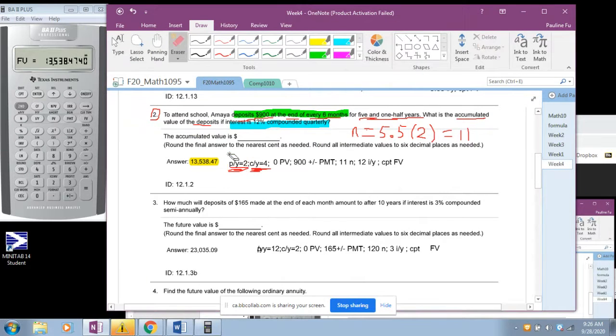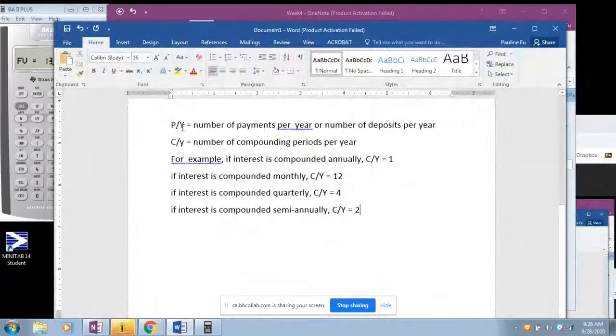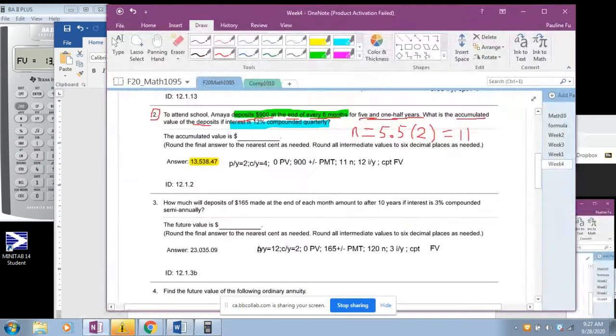So the question was, how do I get PY equal to 2, CY equal to 4? To get that, review the definition of PY. See here, PY is number of payments per year or number of deposits per year. Each year, how many deposits did you make for this question? This person made a deposit every 6 months.